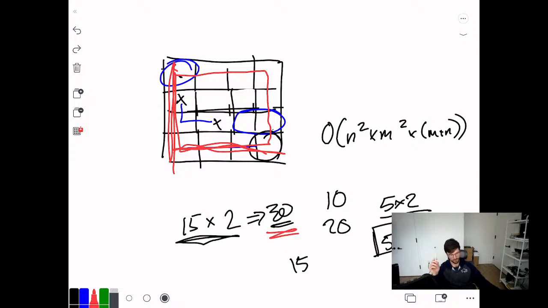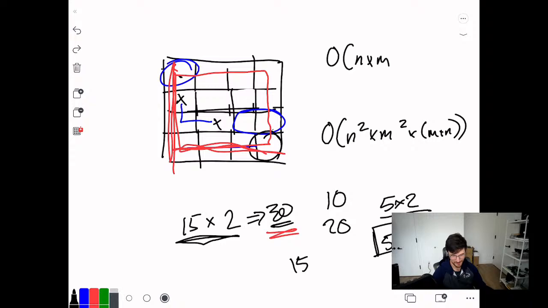Now, the complexity of doing this, let's see, we're basically iterating over the whole grid twice. So at least this way, we're going to end up with our iteration over the grid. There are O of n times m different pairs, right?